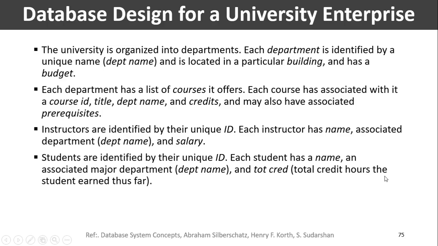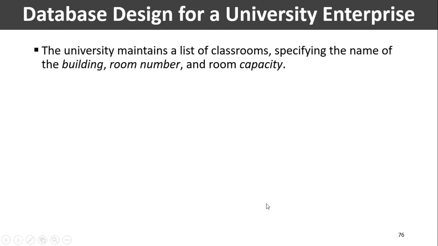Total credit hours the student has earned so far is stored as total credit. Instructors also work as advisors to the students. Next, the university maintains a list of classrooms specifying the name of the building, room number and room capacity.